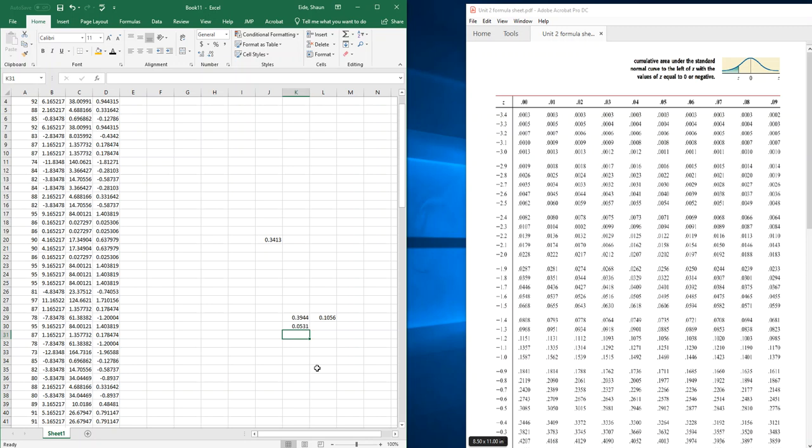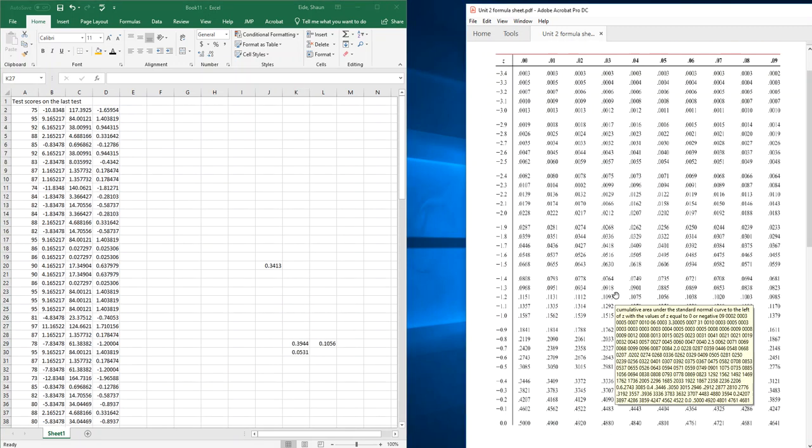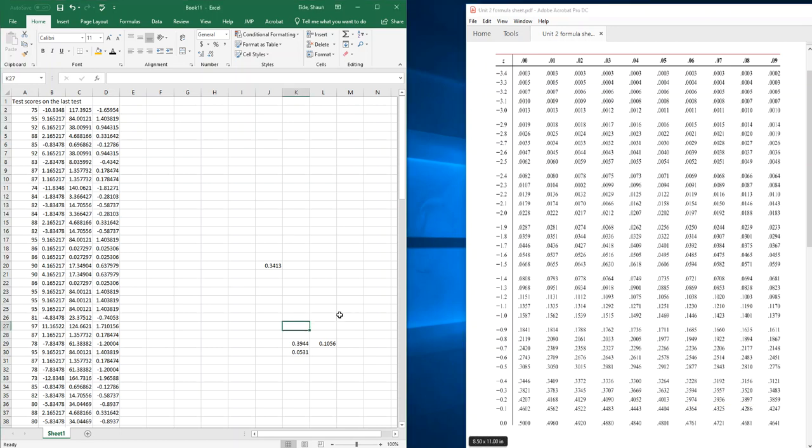Okay. What is the probability of an individual being between 0.5 above and 0.5 below the mean? So right here you have 0.3085, so 0.5 minus 0.3085.